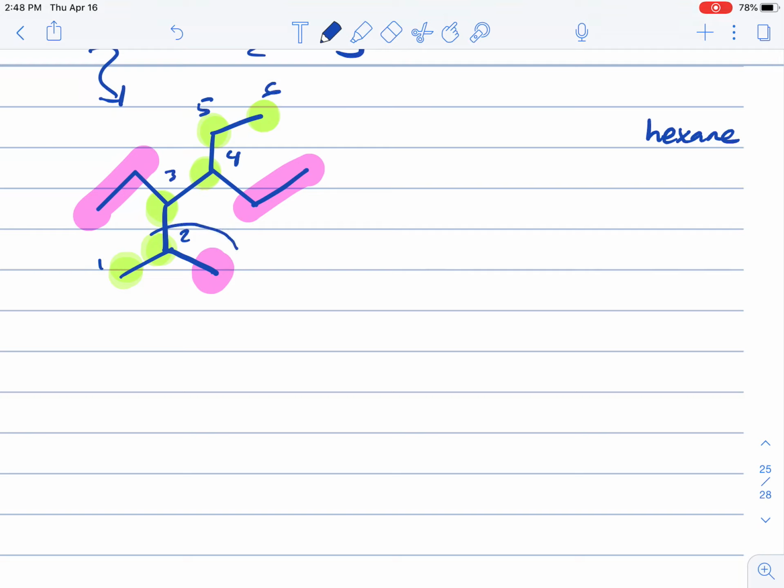The reason why is because I want my substituent to have the lowest value. And you guys can do the whole sum game, but I'm just going to speed things along. So here in this case, it's going to be 3,4-diethyl, 2-methyl, and then that's it for my substituent.